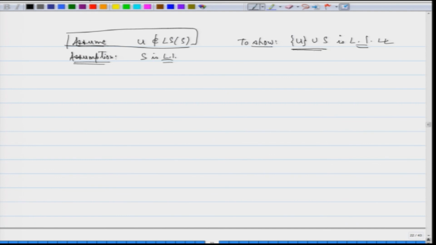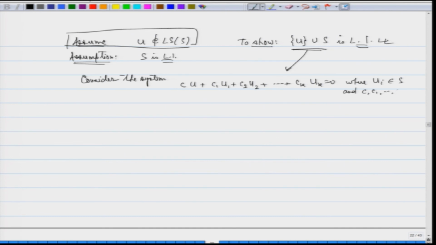If I want to show that something is linearly independent, I need to consider a system of equations. So, consider the system C times U plus C1 U1 plus C2 U2 plus CK UK is equal to 0, where the Ui belong to S and C1 till CK are unknowns.